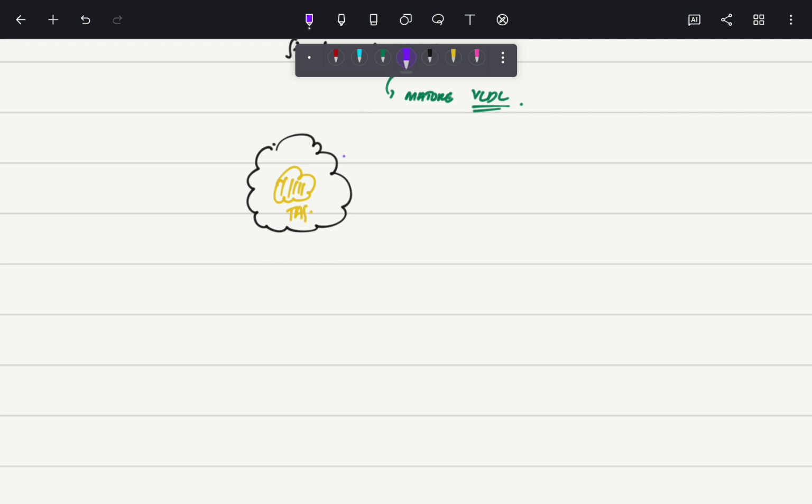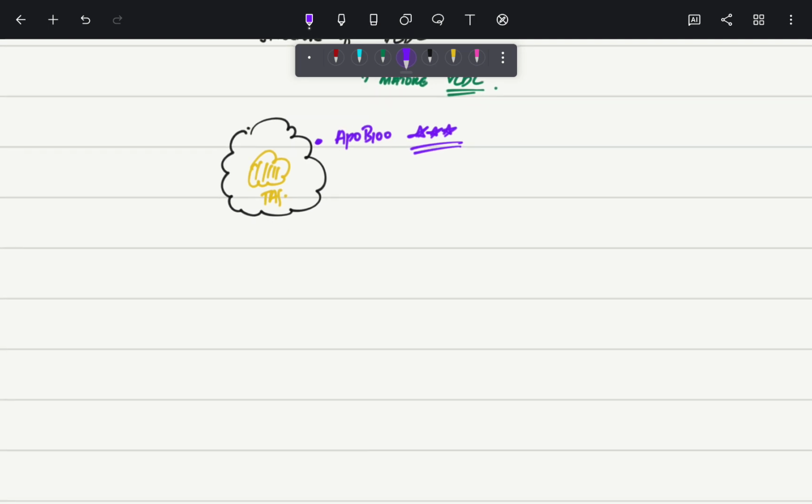Not only that, it is going to have apoprotein B100, and this is very important. Aside from that, the mature VLDL is also going to have apoprotein C and apoprotein E.